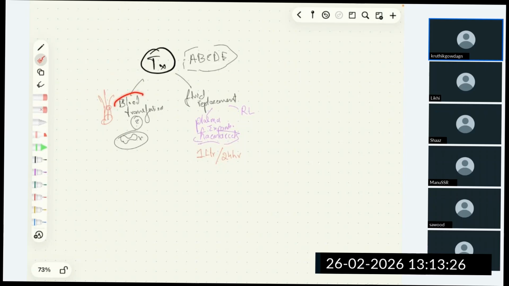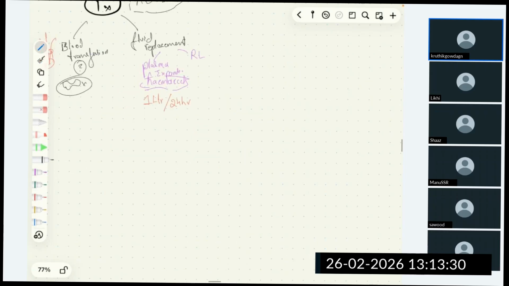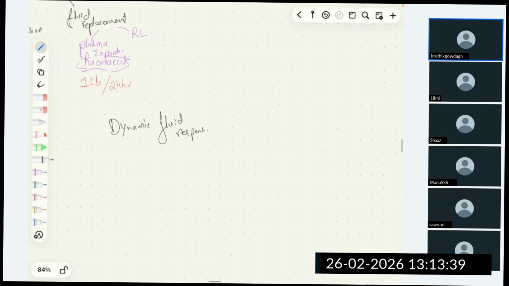We have another interesting concept called dynamic fluid response. The dynamic fluid response is studied by using 500 ml of warm normal saline in 10 minutes using 2 wide bore cannulas. The responders show improvement.